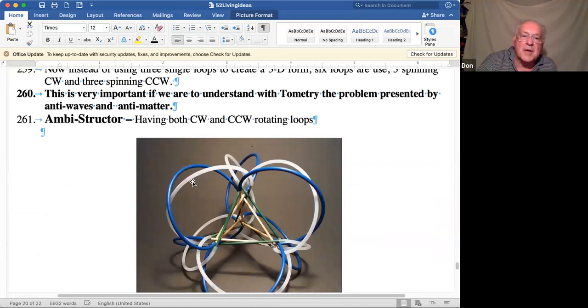What happens is the white loops are over top of the blue loops at this joint, at this vertex or vortex. That means the white loops are cloaking the blue loops. And this is something that I want to get into.